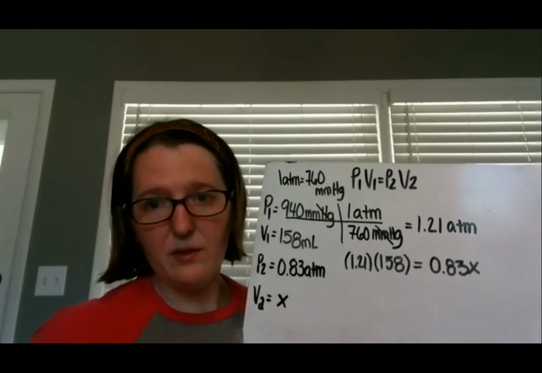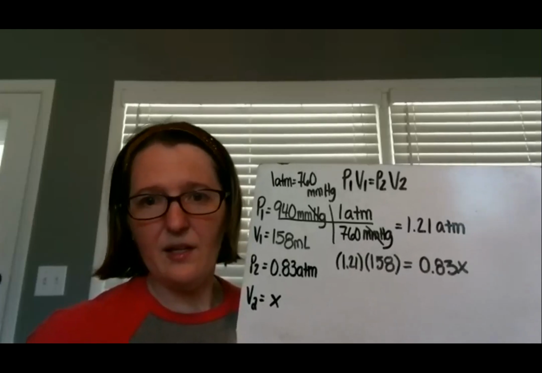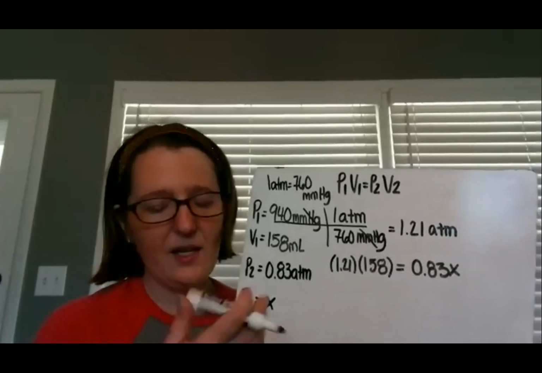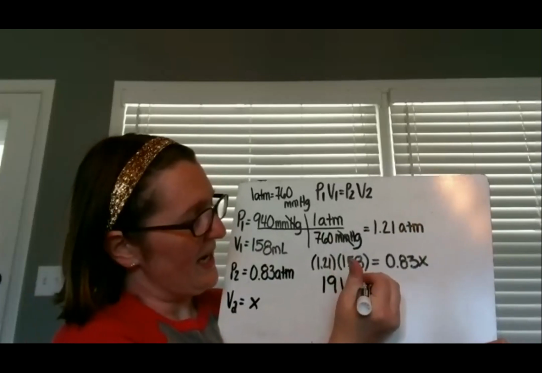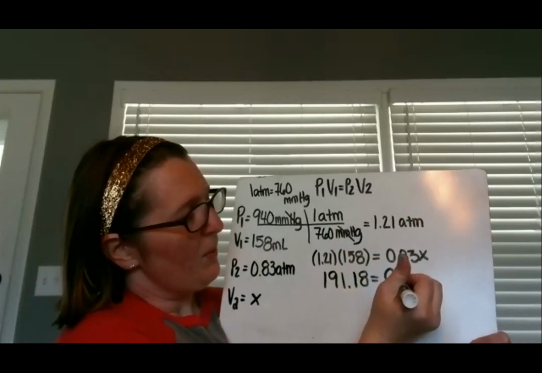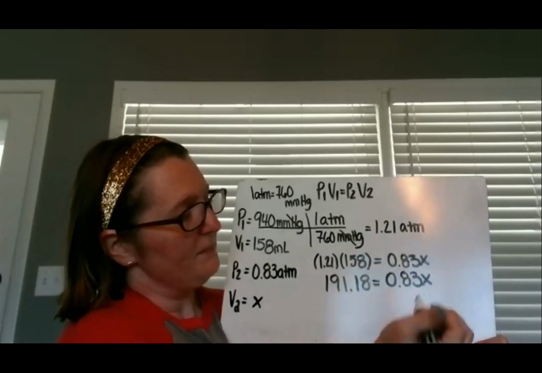So when I take 1.21 times 158, I get 191.18 equals 0.83x.